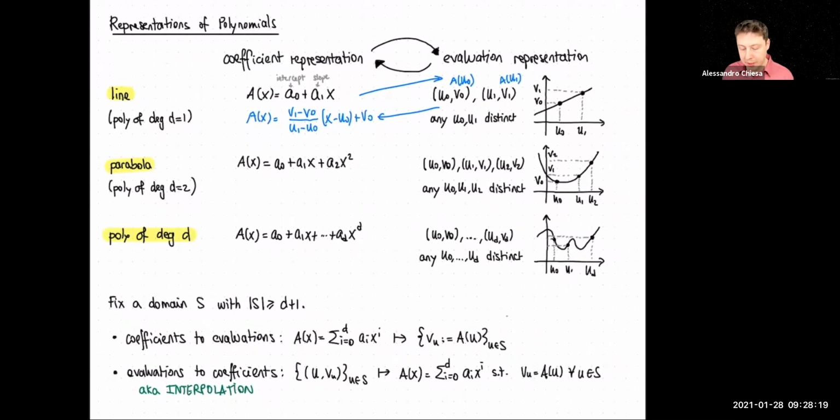And so these are the 2 basically sort of general operations, coefficients to evaluations. So you give me the polynomial and I evaluate it on a set of points. And the set has to be large enough, maybe even larger, to uniquely identify the polynomial.